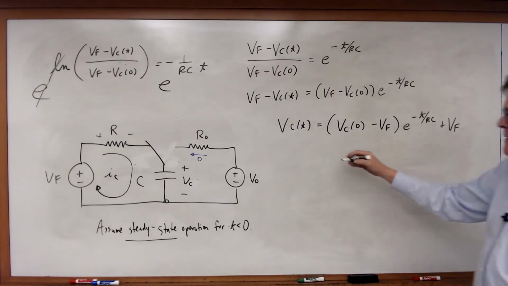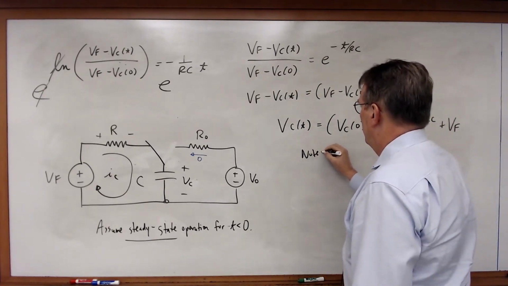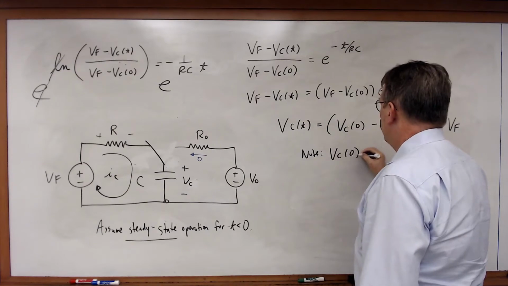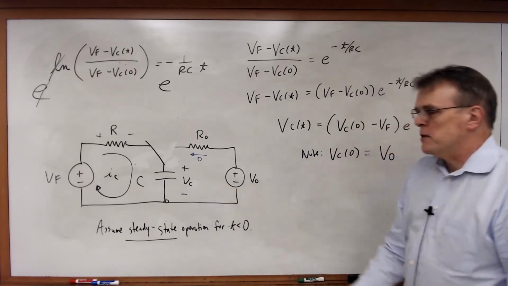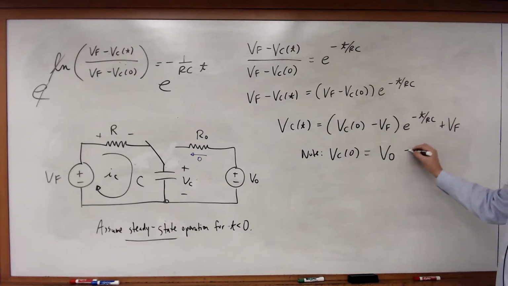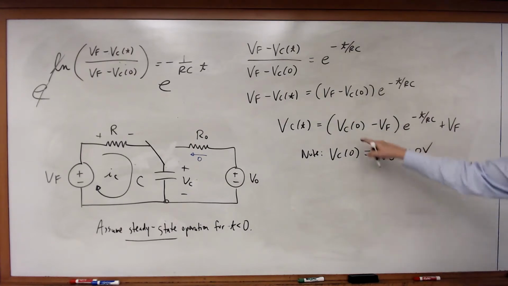But note, Vc at time t equals 0 is equal to the V0. That's what we said it was before, which is equal to 0 volts. So really, this quantity is just 0.